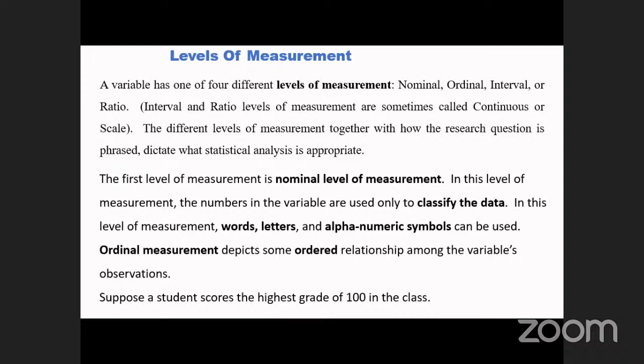So when we collect data, whatever form and wherever source we get the data, that data will come in one of four ways. The data can be nominal, it can be ordinal, it can be interval, it can be ratio.